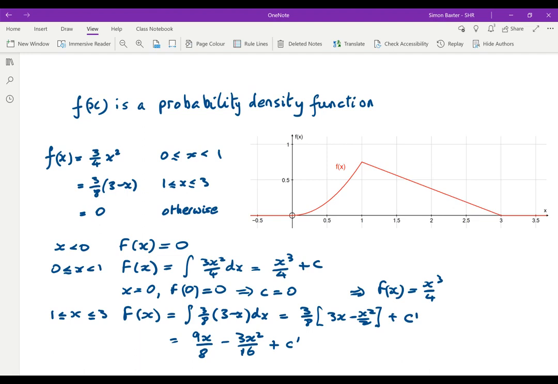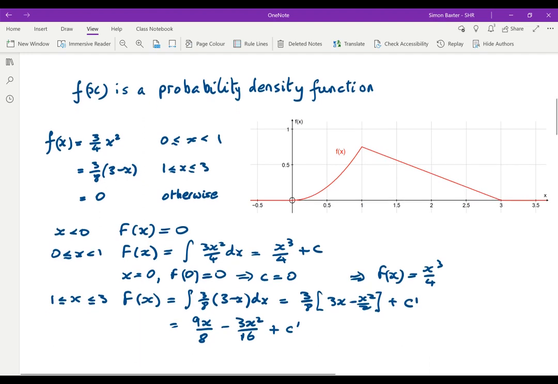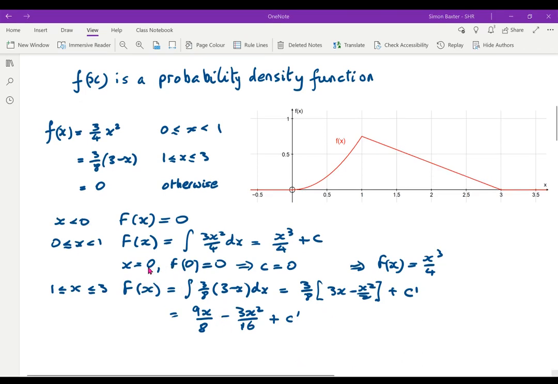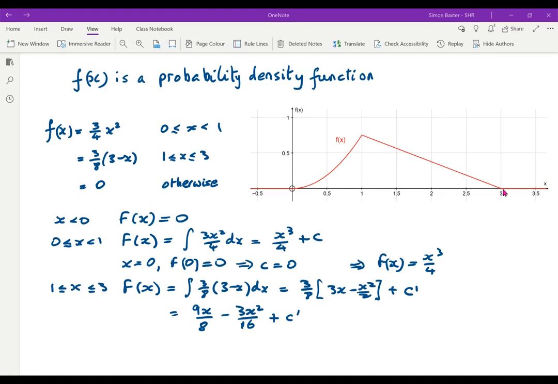You might remember from the previous video that as well as using that F of 0 is 0 when x equals 0 is the smallest value, if I use the largest value, the probability that x is smaller than the largest value must be 1. And so x equals 3 is the largest value of x.